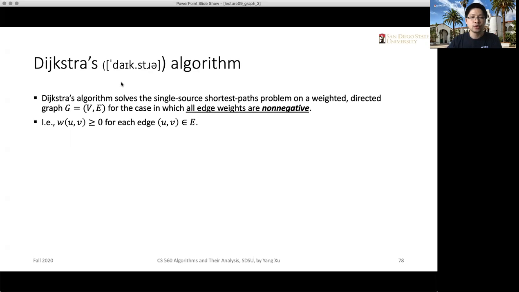Okay, so the inputs are basically the same. It's a directed graph, but it has a constraint that all the edges are non-negative. One more difference from Bellman-Ford is that the Bellman-Ford algorithm can detect the existence of negative weight cycles in the graph.